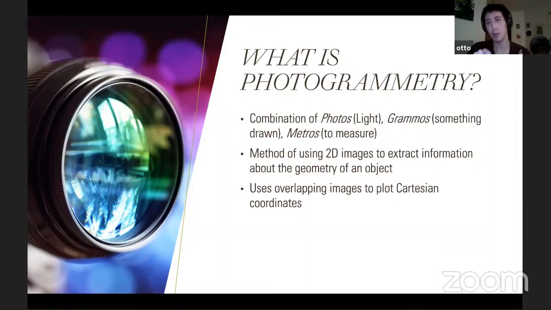So it's basically mapping features across the images and plotting Cartesian coordinates on an XYZ axis for that specific point. And accumulating millions of points basically gives you a description of the geometry of an object, the shape of an object.